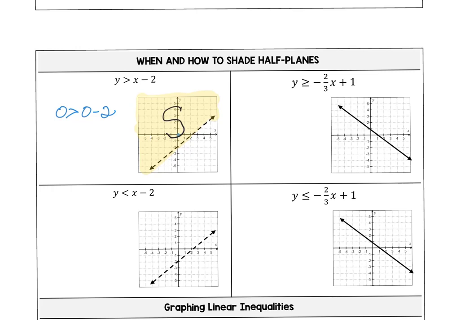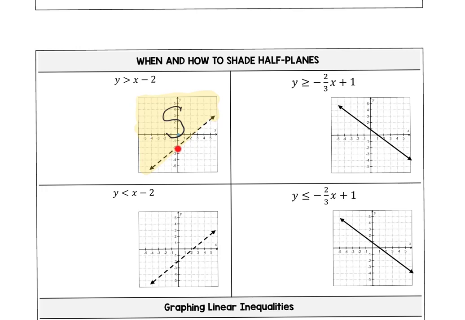Now, another way to think about that, if you think about this as being a sentence here, I want all the y values that are larger. So you can think about it: I want the y values that are above the line. So the y values that are above the line, here the y value is -2.